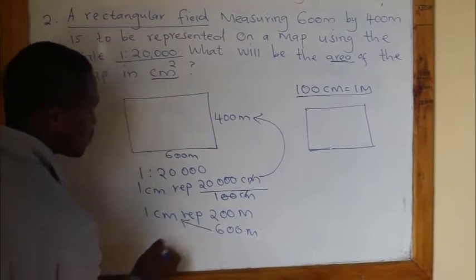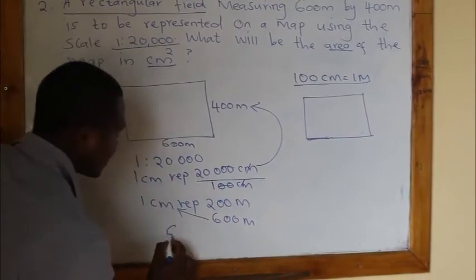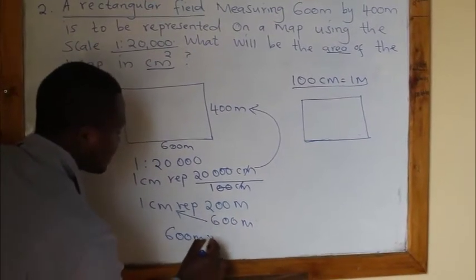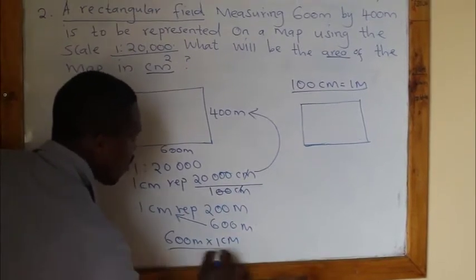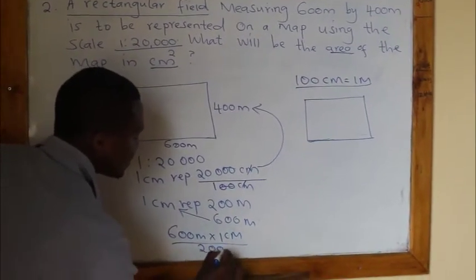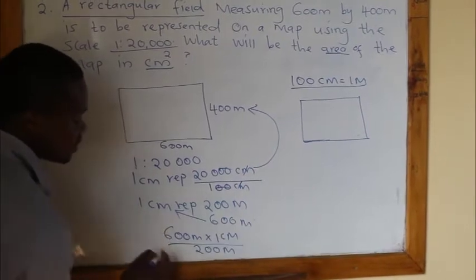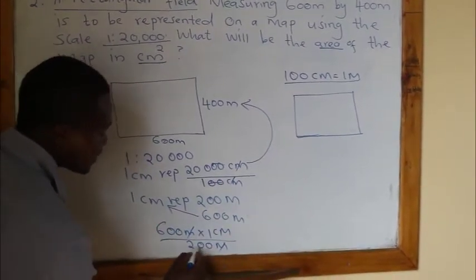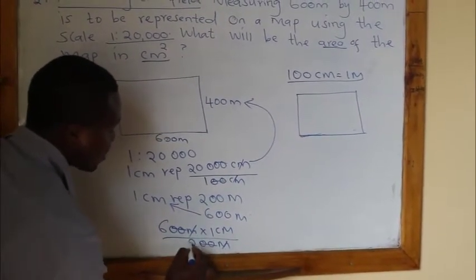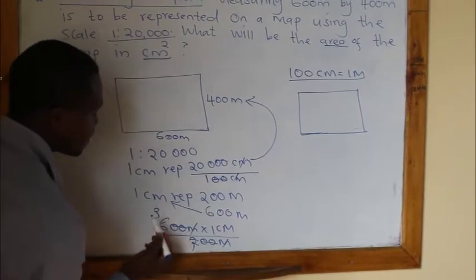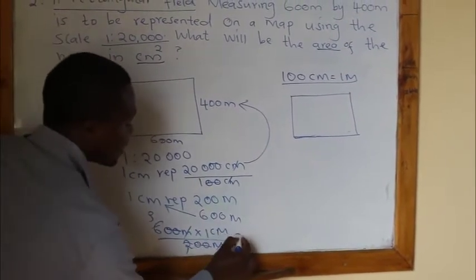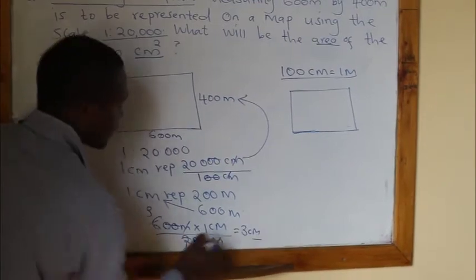So then you cross multiply. So this is going to be 600 meters times 1 centimeter over 200 meters. So indicate the units. You simplify meters and meters, 0 and 0, by 2 1, by 2 3. So we have 3 times 1 centimeter to have 3 centimeters.